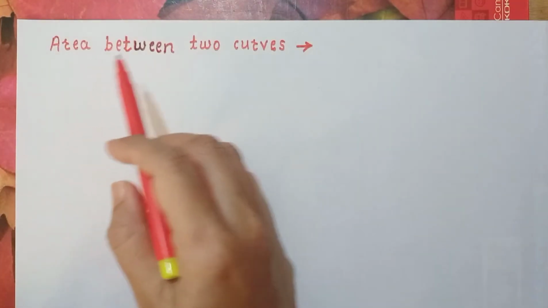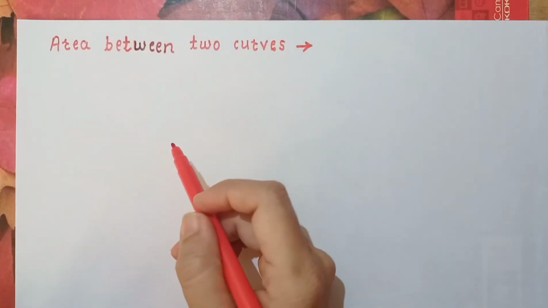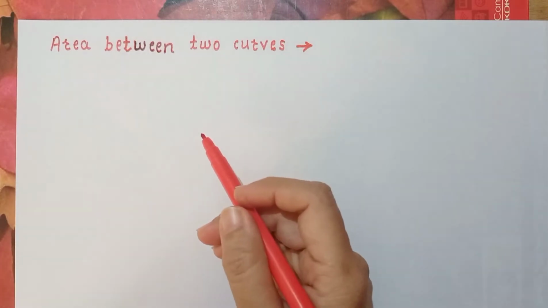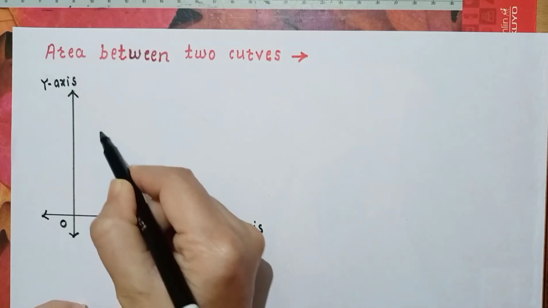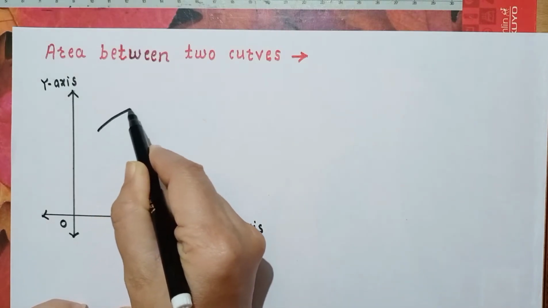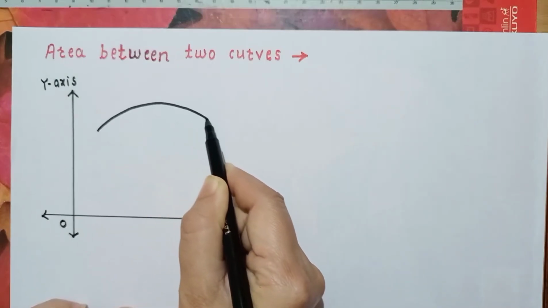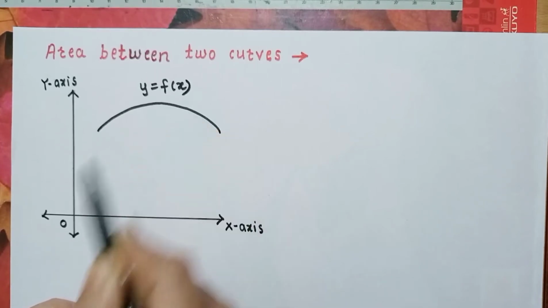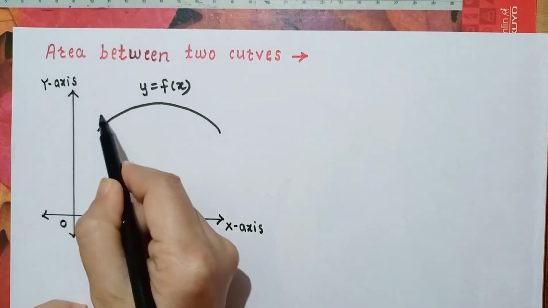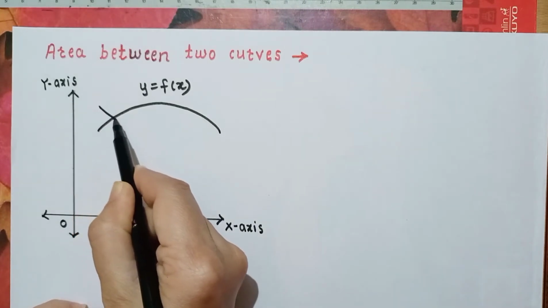Now let's see the area between two curves, and for this again we will consider the xy plane. This is the xy plane, and consider the first curve y is equal to f(x), and now another curve which is like this.